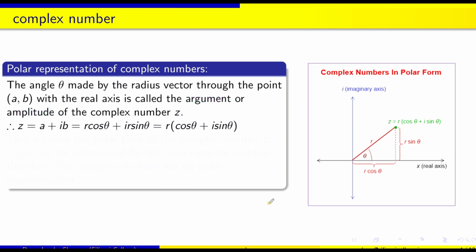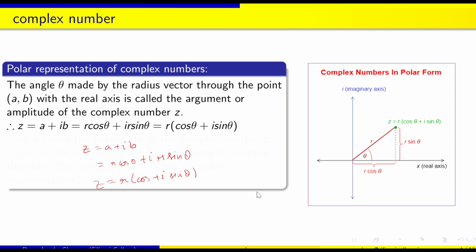So z = a + ib. We have already derived that a = r cos theta and b = r sin theta. So if you take r outside, we get z = r (cos theta + i sin theta).